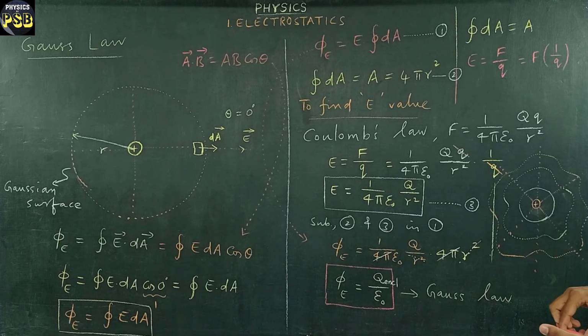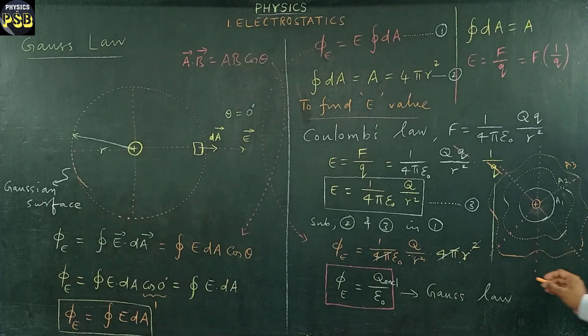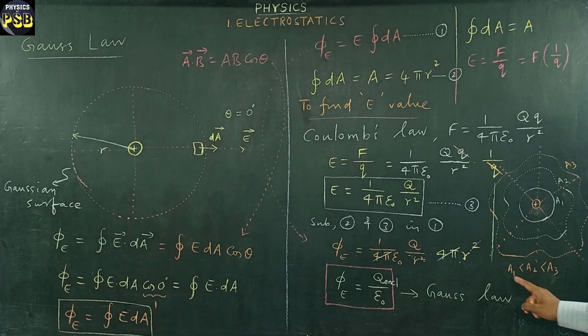I take the surface area of this sphere as A1, the surface area of this arbitrary shaped surface as A2, and the area of this closed surface is taken as A3. Here A1 is lesser than A2 and A2 is lesser than A3. In simple words, A3 is greater than A2 and A2 is greater than A1.